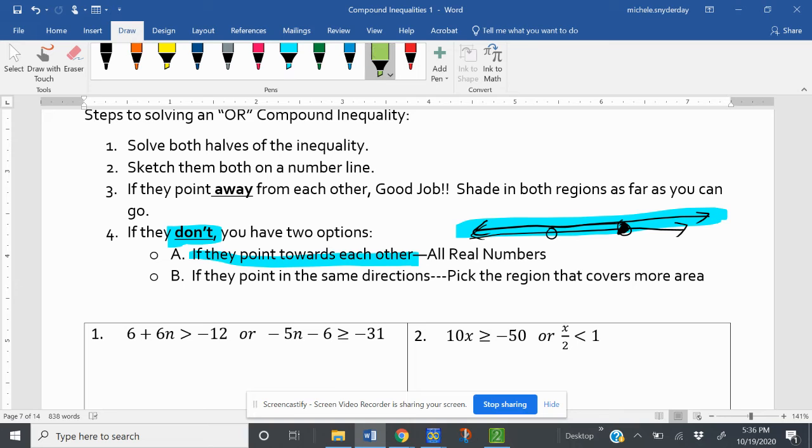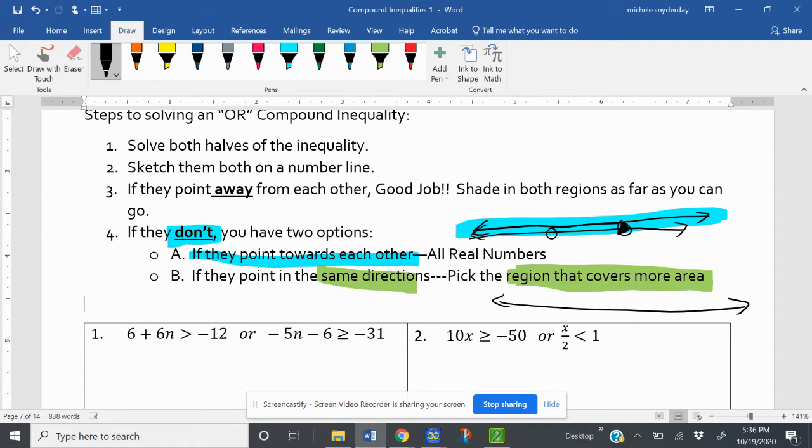However, the other option is if they point in the same direction. Then you pick the region that covers more of the area. So this is one of those where you're graphing them and one's headed over this way, and then you get your other one, and it goes all the way.